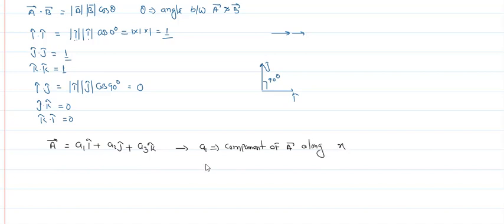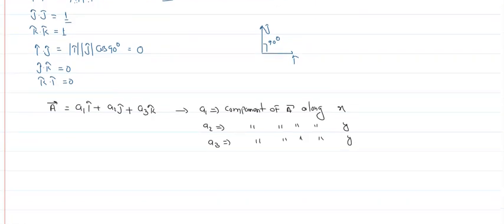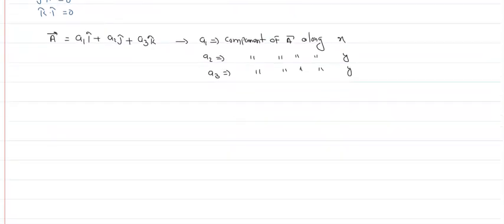In the same manner, A2 is the component of A vector along y-axis. And A3 is the component along z-axis. Sorry, the z-axis.